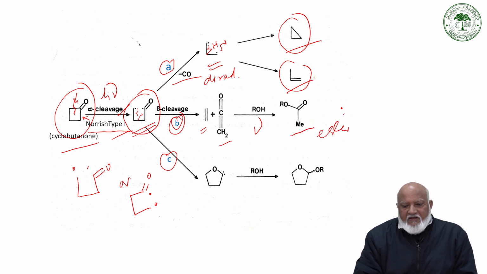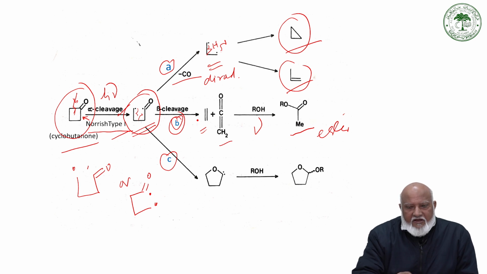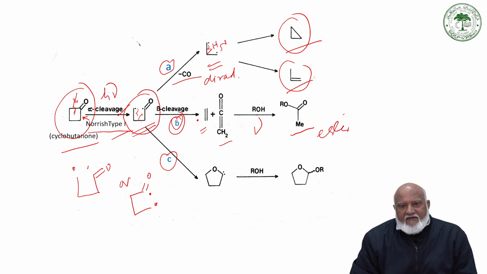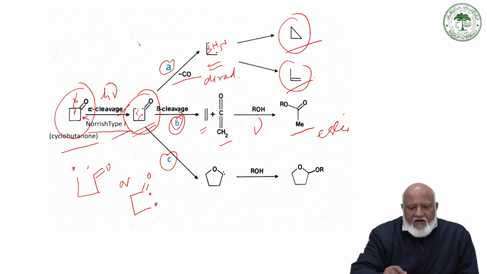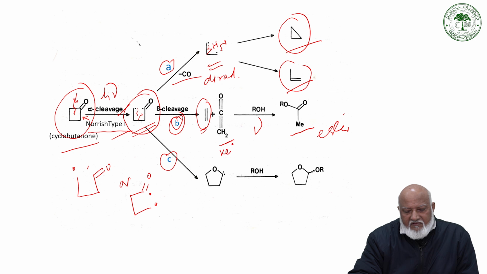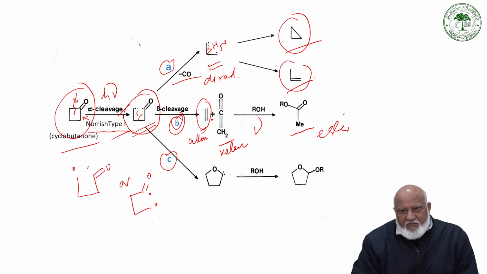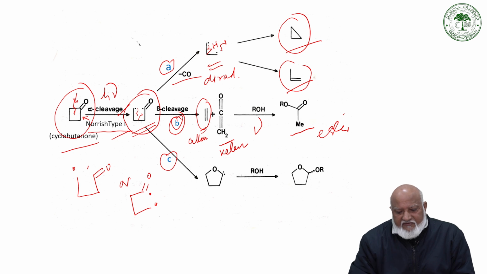So this is the second route for the cleavage of this acyl radical: beta bond cleavage to give an alkene and a ketene, which can lead to an ester.